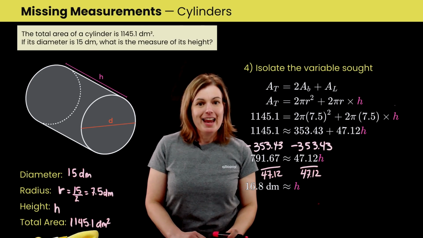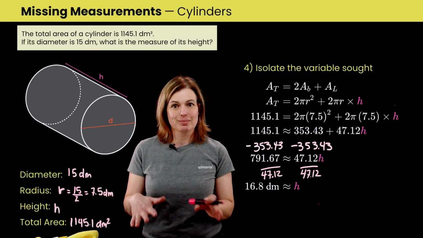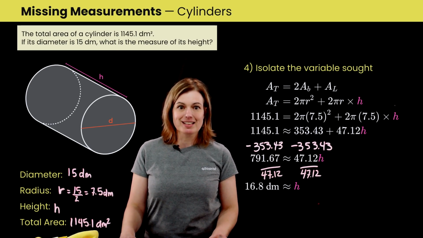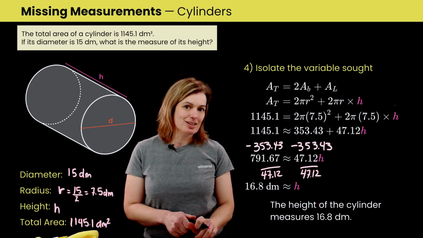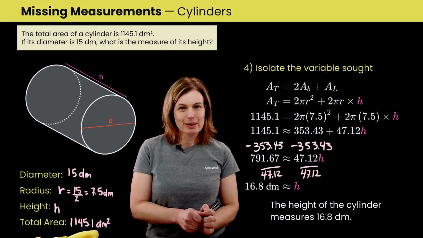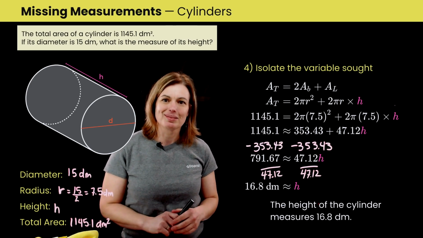When I do that, it gives me 16.8 decimeters, which is our height. So our height is approximately 16.8 decimeters. Want to remember to write a nice little sentence there to summarize and conclude properly. So we have the height of the cylinder measuring 16.8 decimeters.